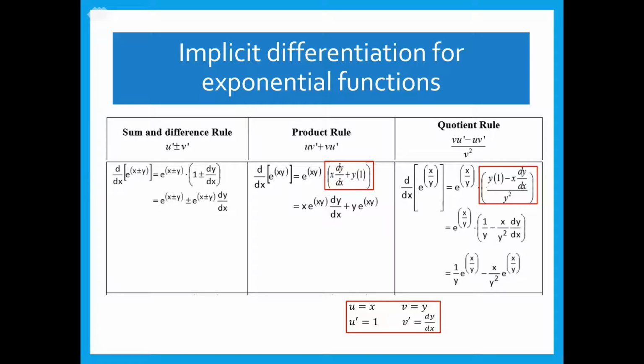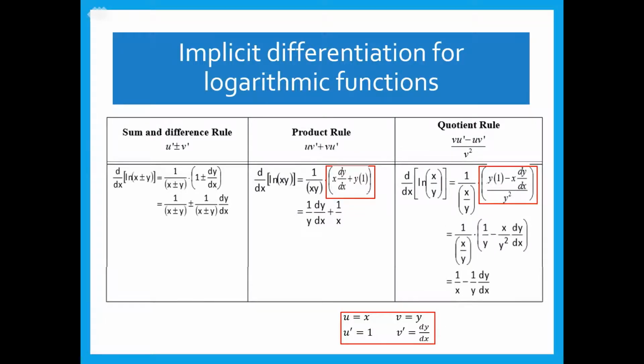The answer is x e to the xy dy over dx plus y e to the xy. Differentiate e to the x over y using quotient rule. The answer is 1 over y e to the x over y minus x over y squared e to the x over y.